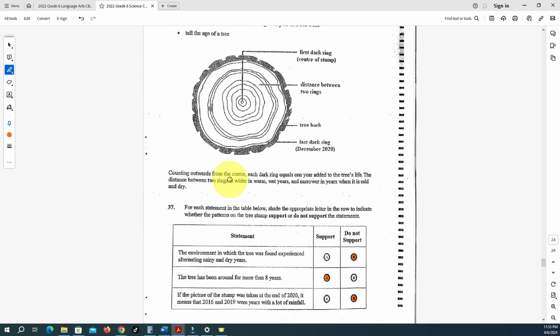So counting outwards from the center, each dark ring equals 1 year. Okay, that's good. 1 year added to the tree's life. Actually, the distance between the two rings is wider in warm, wet years, and narrower in years when it's cold and dry.